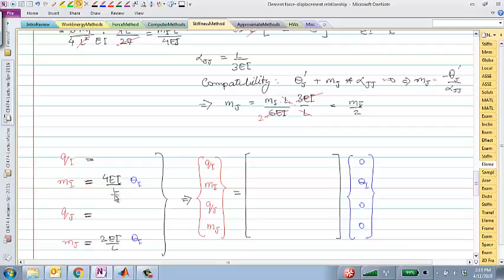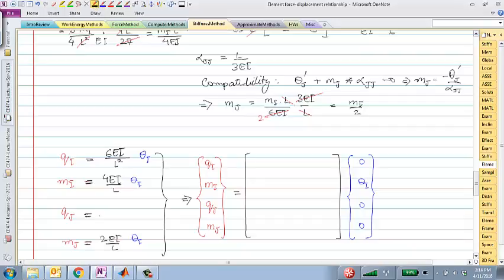So 3 over 2 times this guy over L would be 6 EI over L squared times theta I, and the negative of that would be at the other end.